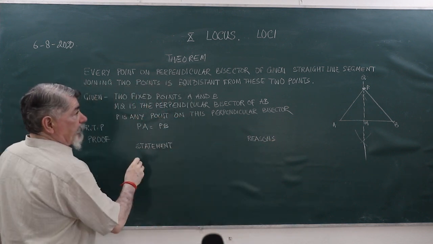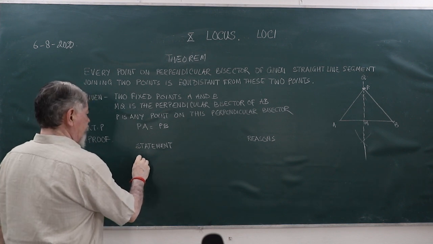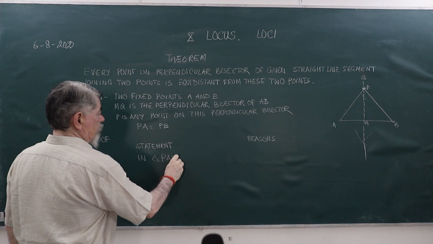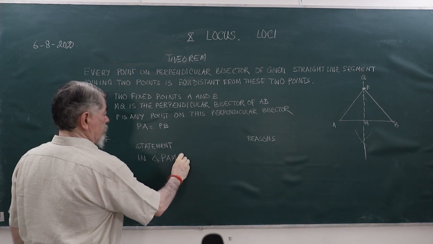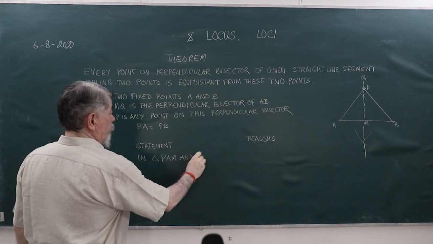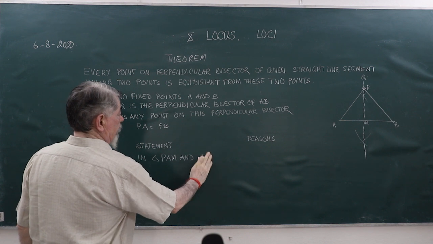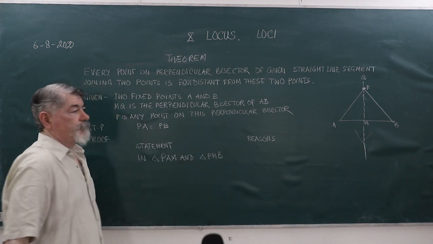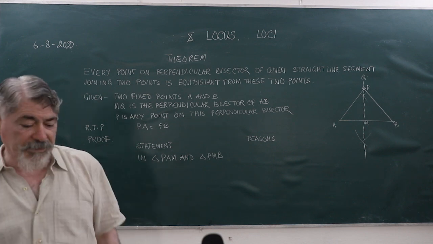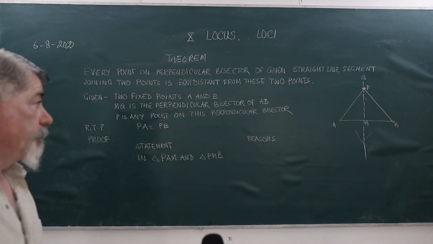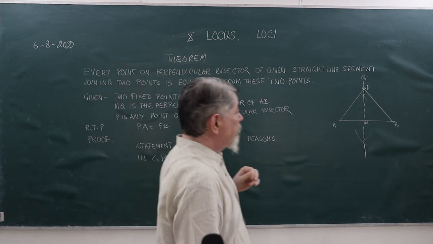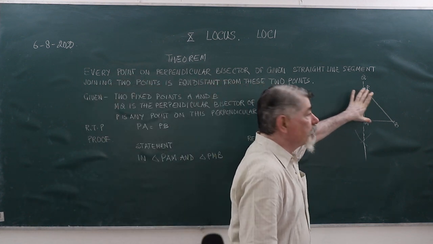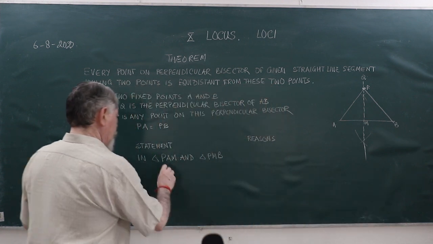In triangle PAM and triangle PMB, what are we saying? We are saying that PM is equal to PM, a common side.